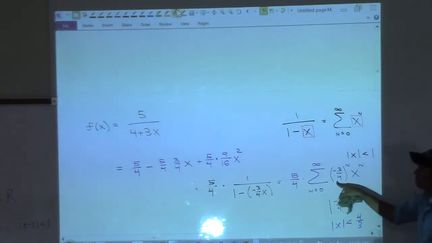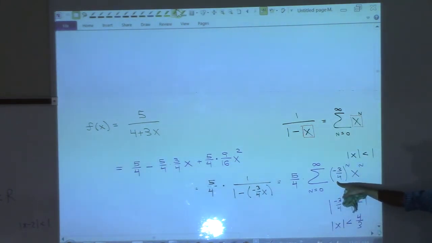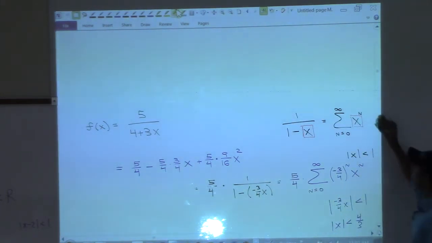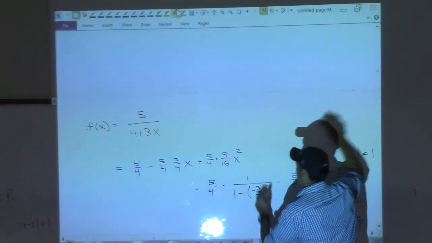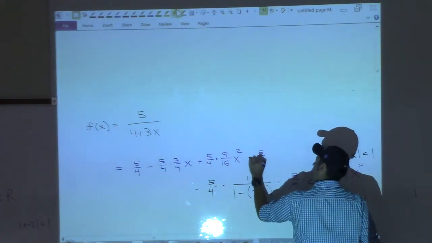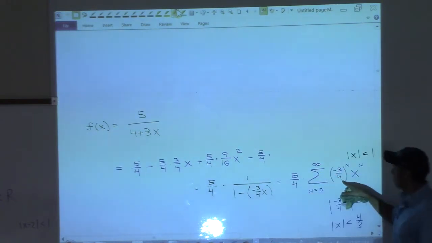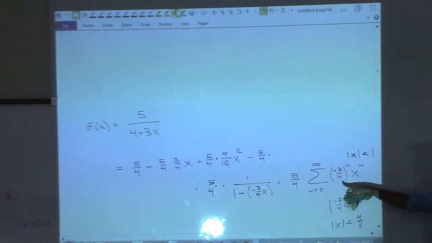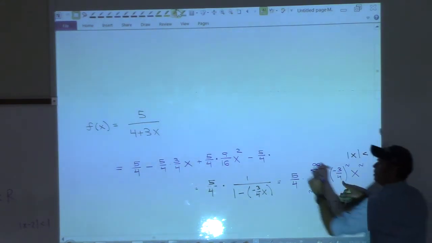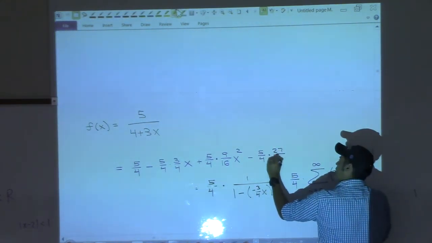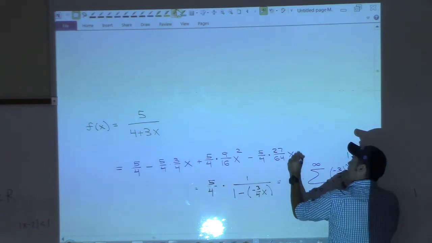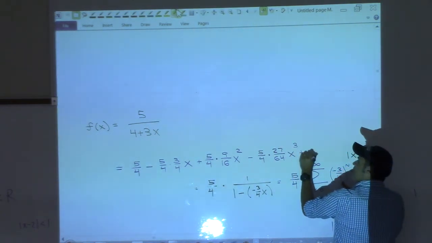Let's do one more. Okay, the next one will be minus, won't it? So we'll have minus 5/4 times, now we're taking this and cubing it, right? So what is that cubed? 27 over 64 x to the third plus dot, dot, dot.